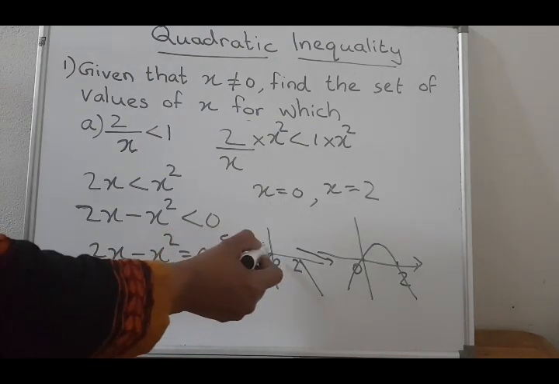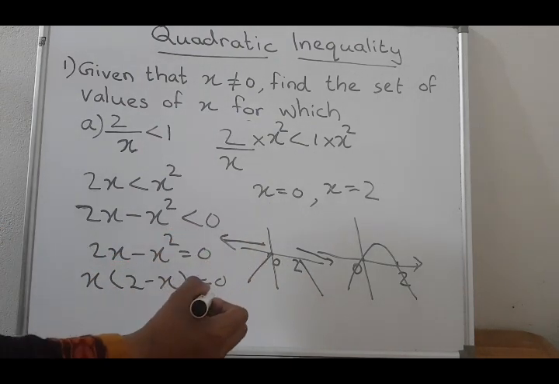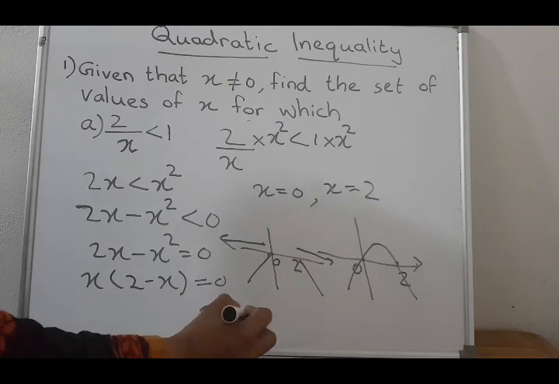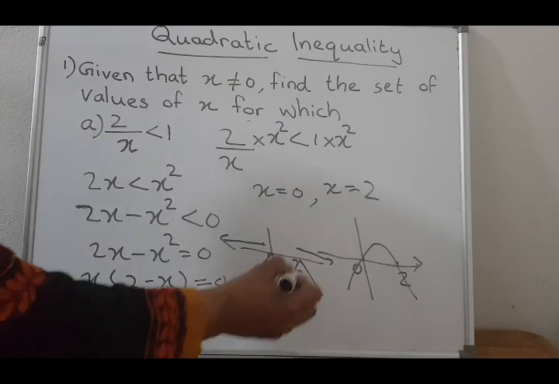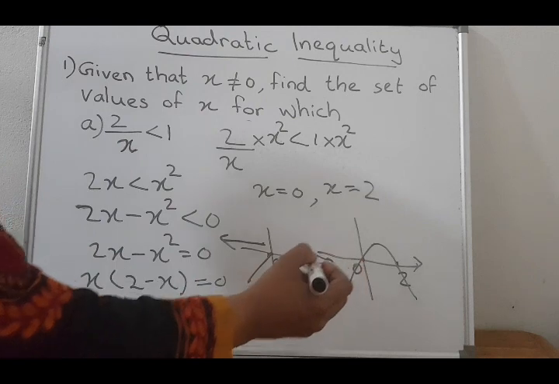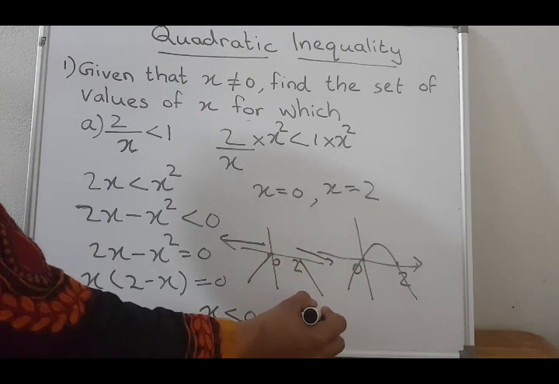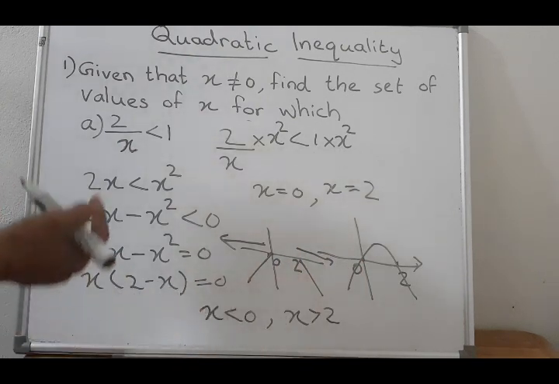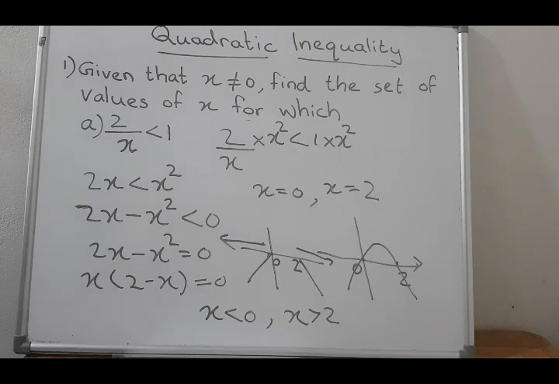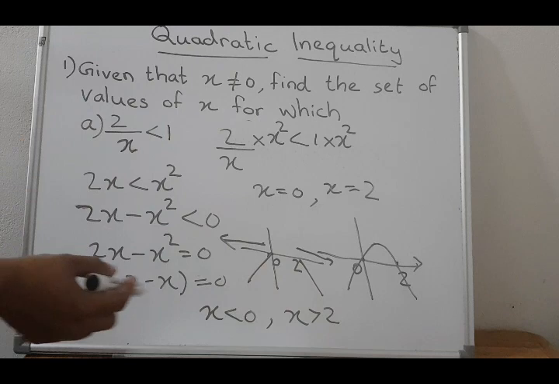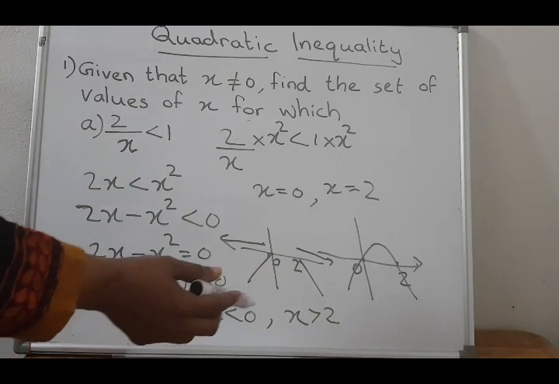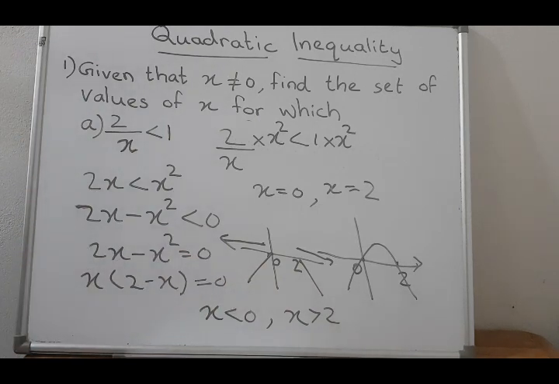So this part means x is less than 0. Or this part is everything greater than 2. X is greater than 2. See, we have solved the quadratic inequality. 2 divided by x is less than 1 for x is less than 0 or x is greater than 2.